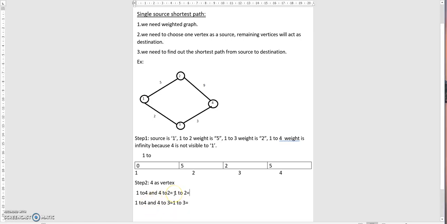Sorry, 4 to 2: 1 to 4 value is 5, and 4 to 2 value is 9.